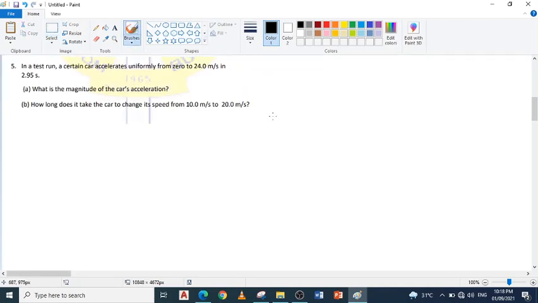In a test run, a certain car accelerates uniformly from 0 to 24 meters per second in 2.95 seconds.